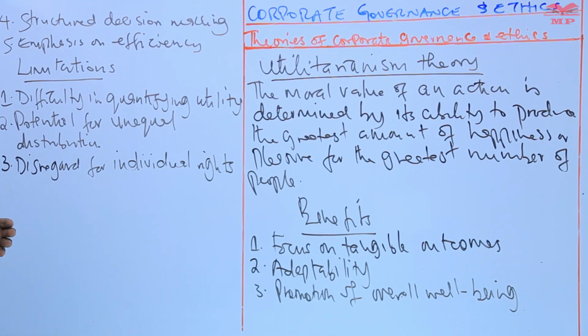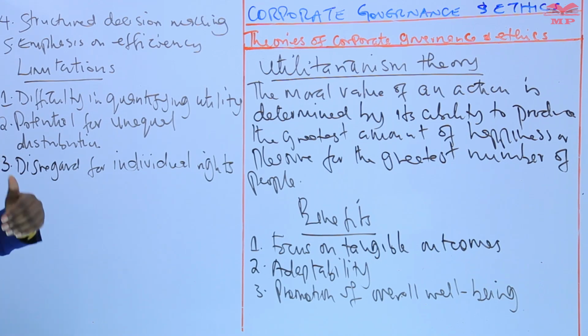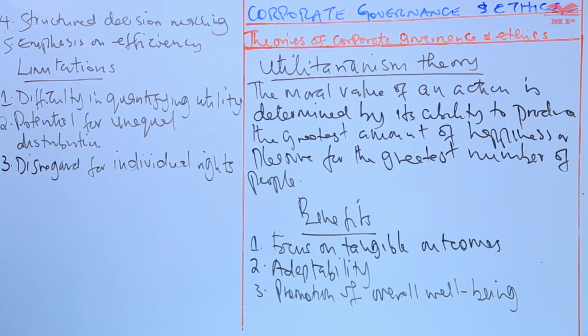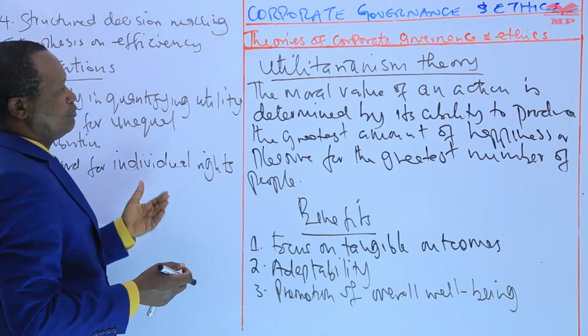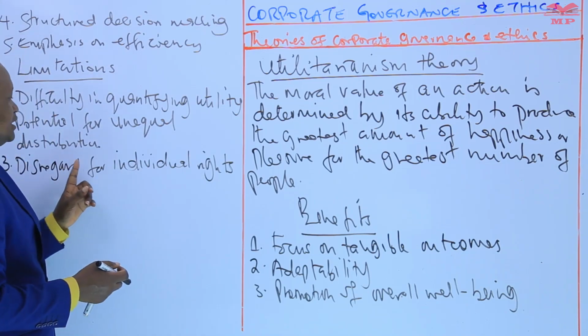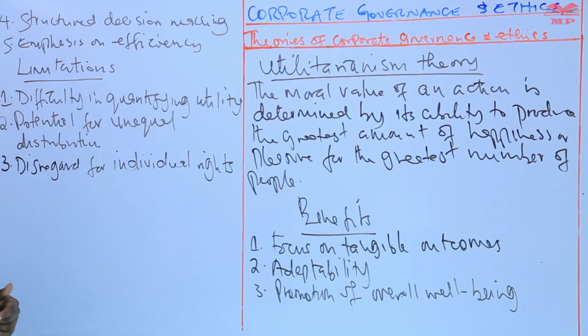That is to mean that the pursuit of maximizing overall utility may overlook the rights and interests of individuals, potentially justifying actions that harm or exploit individuals for the perceived benefit of the majority. While seeking to maximize utility or happiness or pleasure for the majority, individual rights may be disregarded. That's what I mean. That is a limitation.